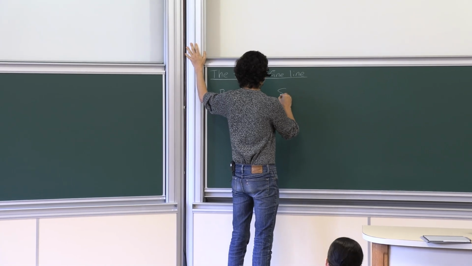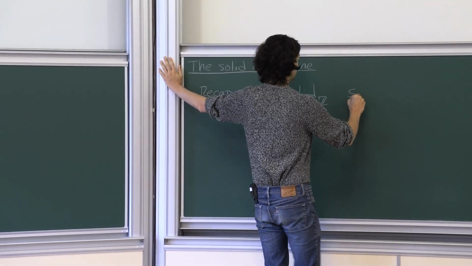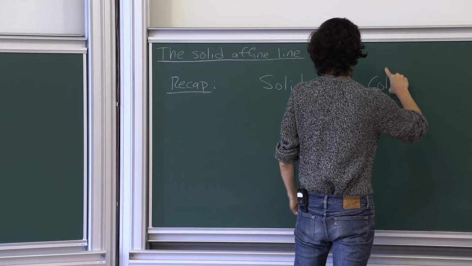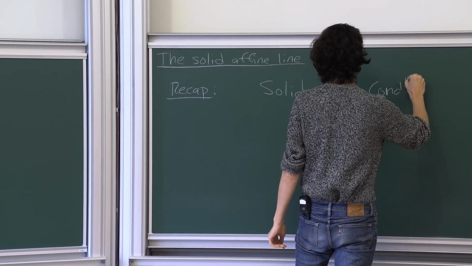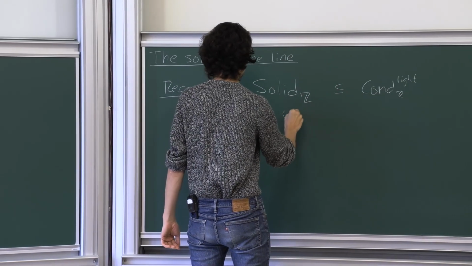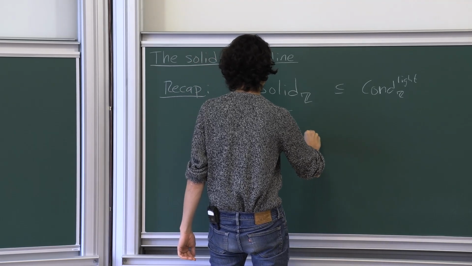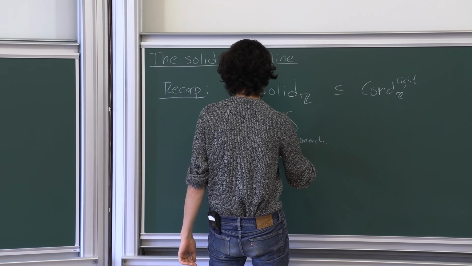So we had this category of solid abelian groups, which was a full subcategory of light condensed abelian groups. And this was some kind of analog of complete non-Archimedean topological abelian groups.